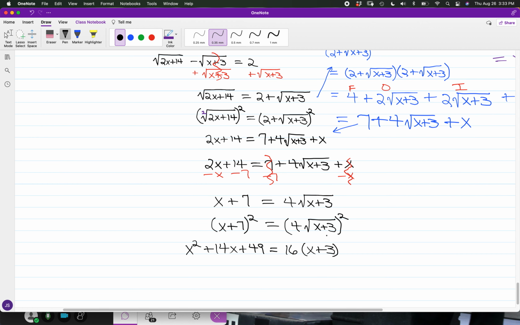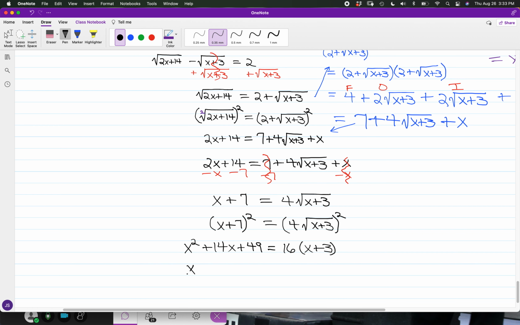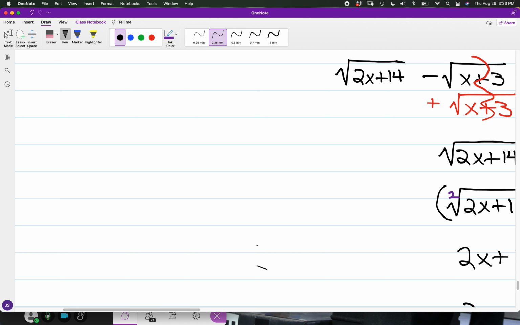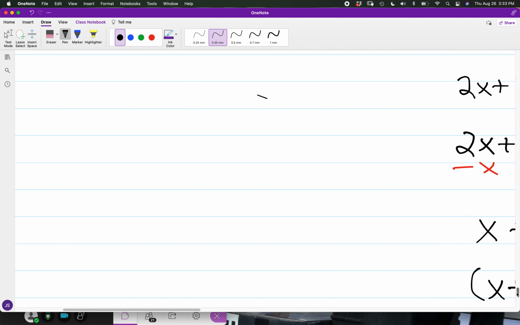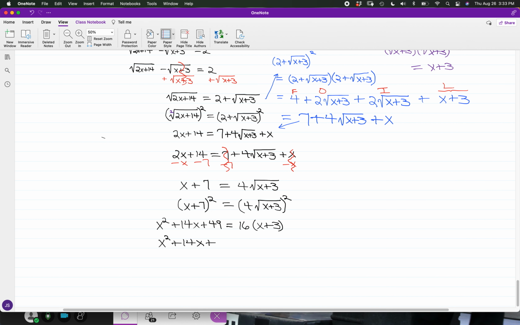Now squaring this expression, you're squaring out the factors, but we still have the multiplication to perform.